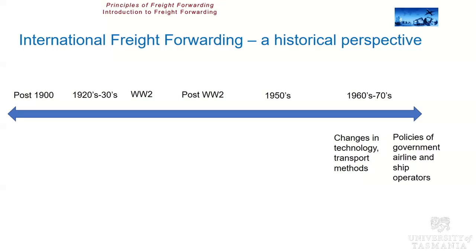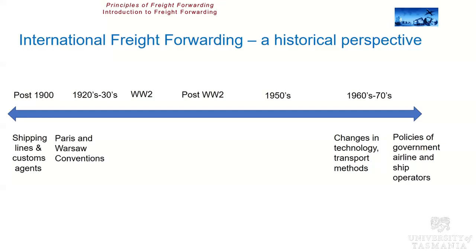But this just gives you a sense of how freight forwarding has evolved over time. So we know that around the early 1900s, freight forwarding really wasn't a thing. It was really something that was undertaken by the relevant shipping line and whoever might be a customs agent, an expert in that regard.